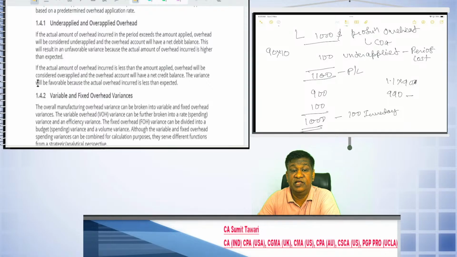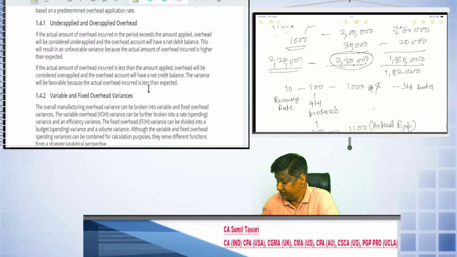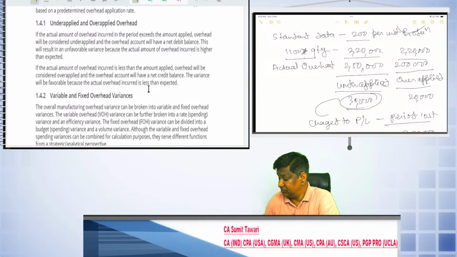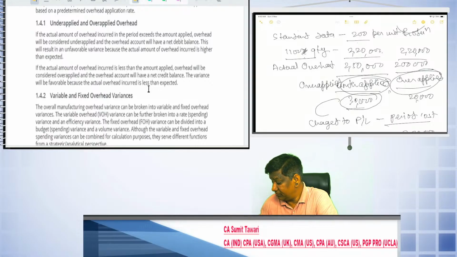If the actual overhead incurred is less than the amount applied, the overhead will be considered over applied and the overhead account will have a net credit balance. The variances will be favorable because the actual overhead incurred is less than expected. So this is over applied and this is under applied.